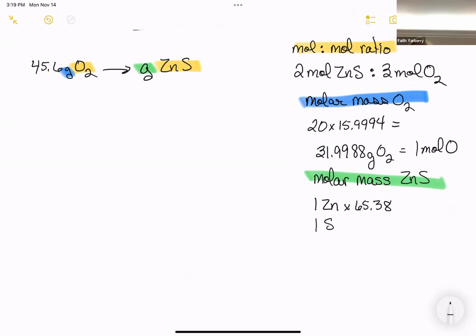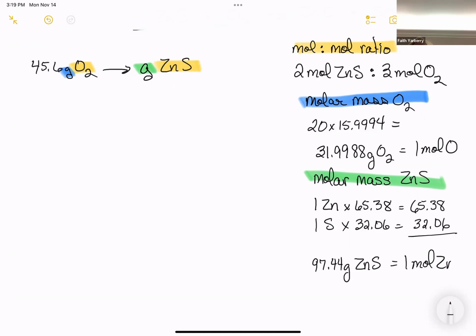And I have 1 sulfur with a mass of 32.06. So zinc contributes 65.38, sulfur 32.06, which means we're dealing with 97.44 grams of zinc sulfide is equal to 1 mole of zinc sulfide.